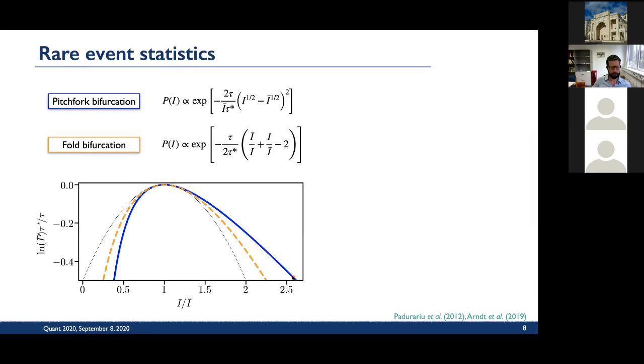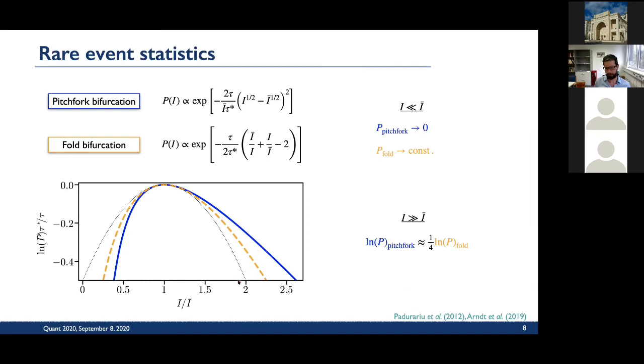What is also interesting to see is that there's a big difference between the pitchfork and the fold bifurcation. If you look at very small currents, almost close to 0, then the probability to see such small amounts of current goes to 0 in the pitchfork case, but it reaches a constant for the fold. And you see it here.